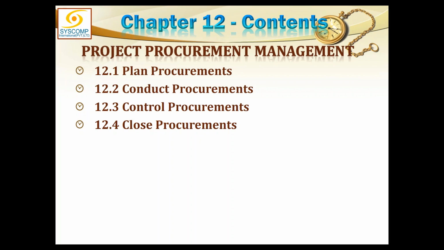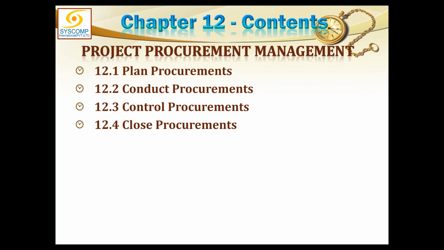There might be a condition where contractor wants something to be changed in contract or the project or his part of the contract. So all the change requests sent by a contractor would be dealt with by the controlled procurements process. Similarly, maybe the whole project has got a change request, and that change after approval is now also going to impact the contractor.